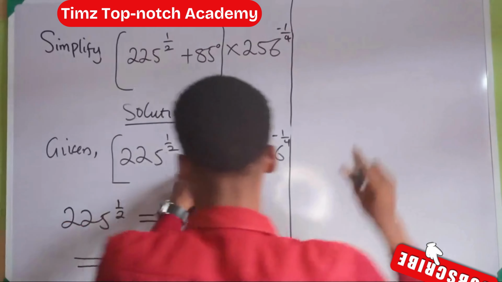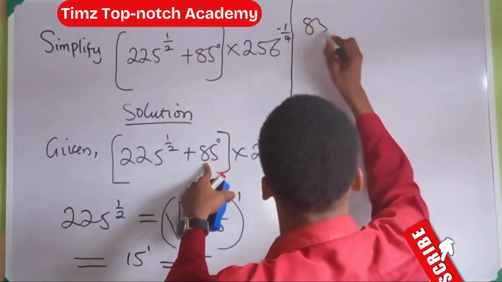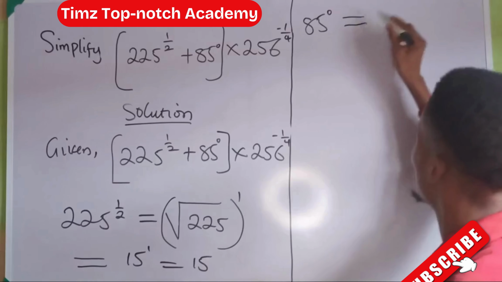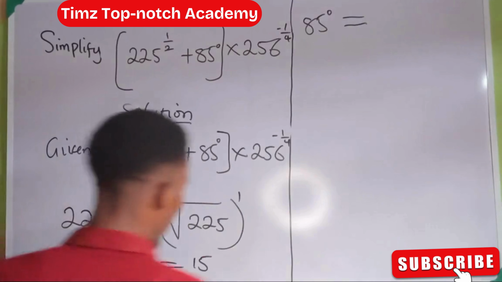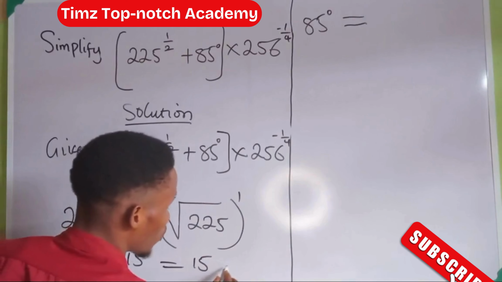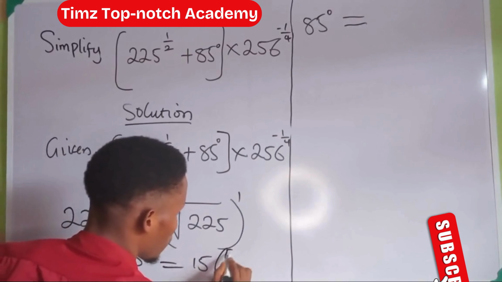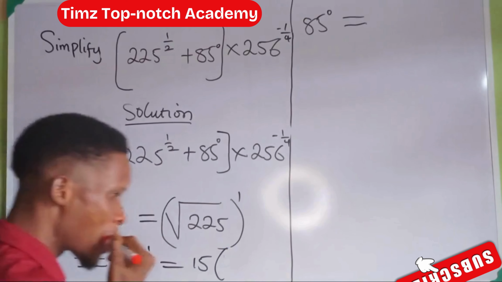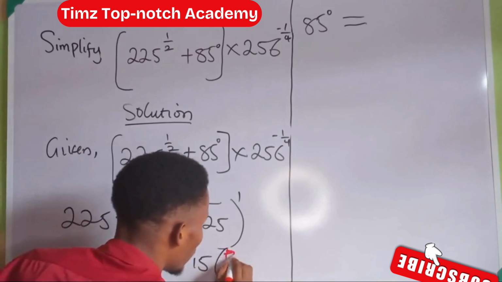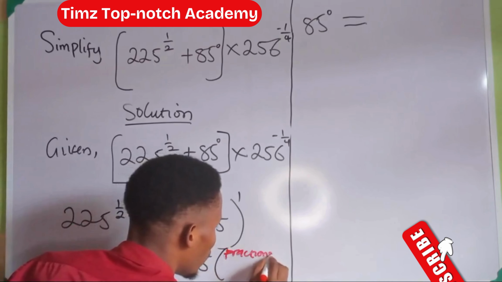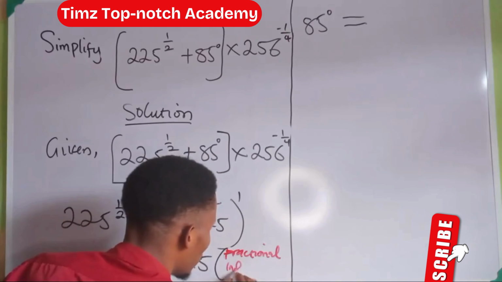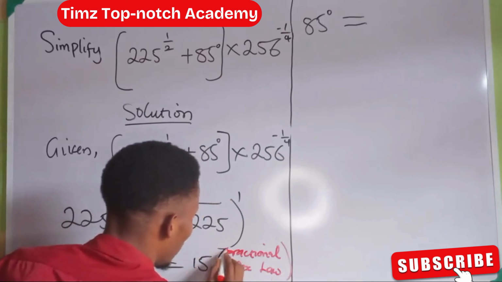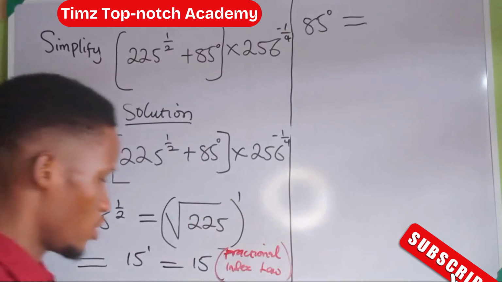Then we bring out this, which is 85 all raised to power 0. Remember, what we applied here is the fractional index law of indices. Do you understand?